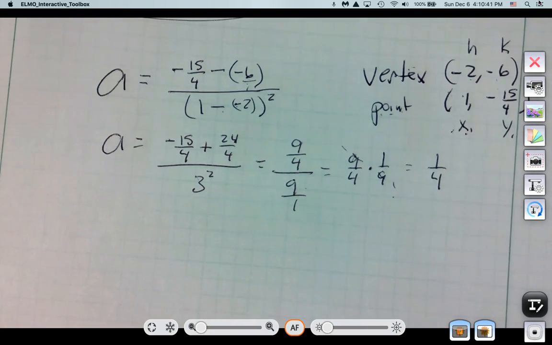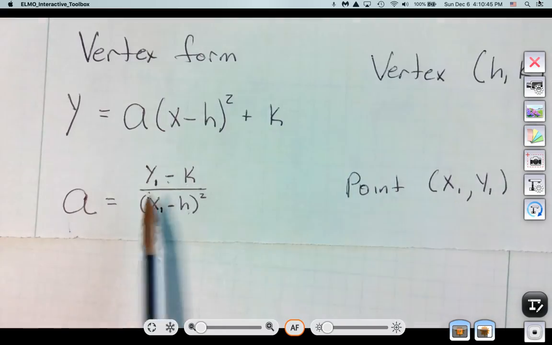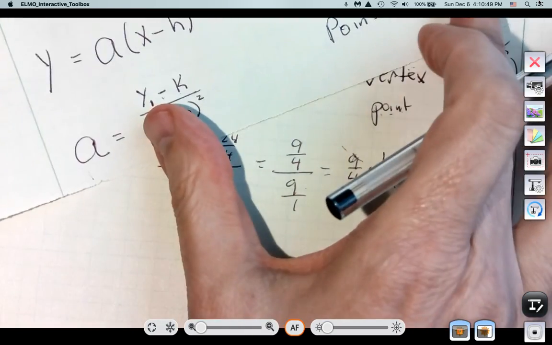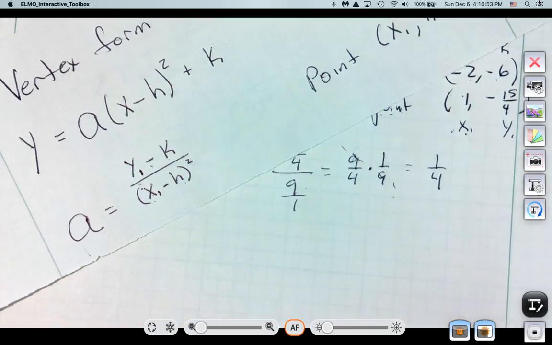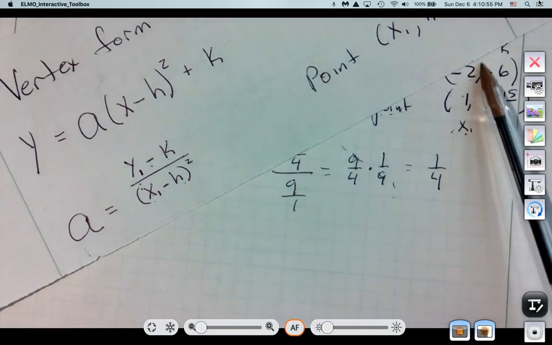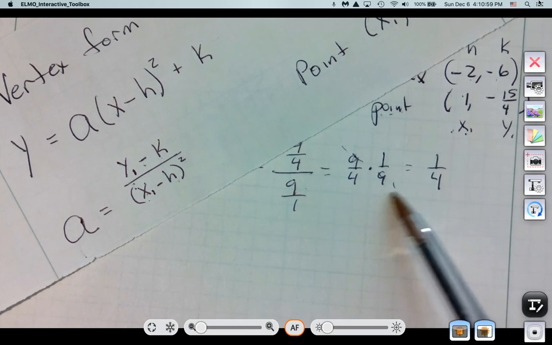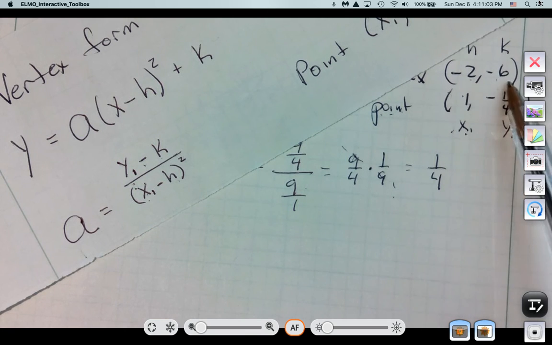So now I can actually write my equation. I'm going to use this formula right here. So write this down if you need to. I'm going to put it over here so you can still see the formula. Here's my vertex right here. This was my vertex. This was my a value. So remember, this is h and this is k.